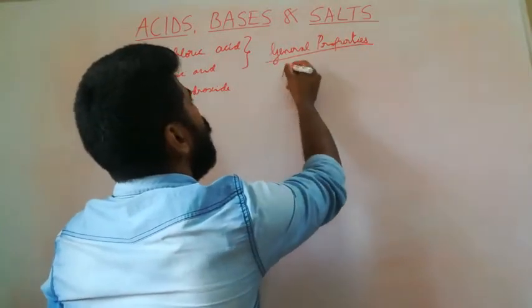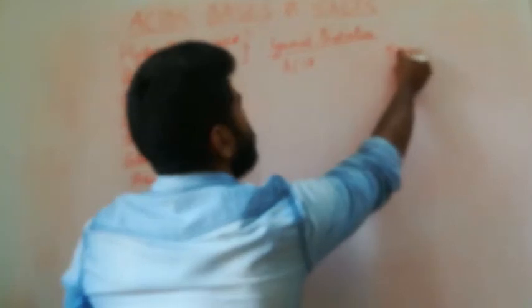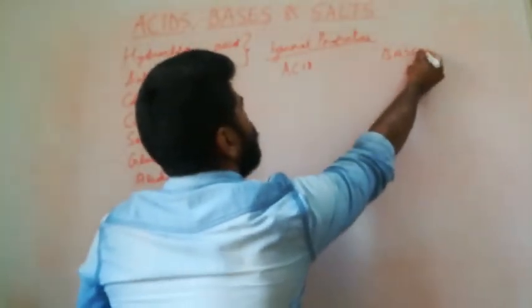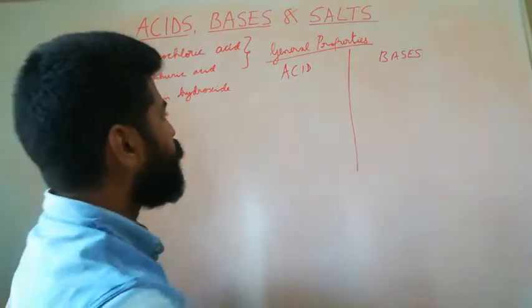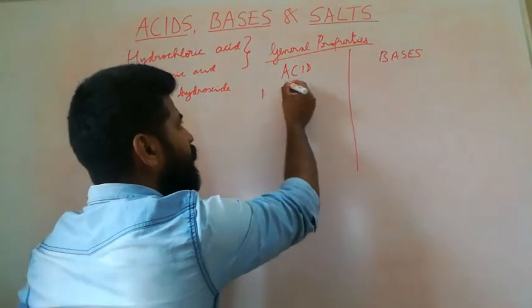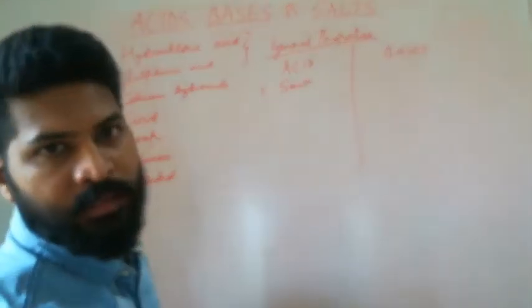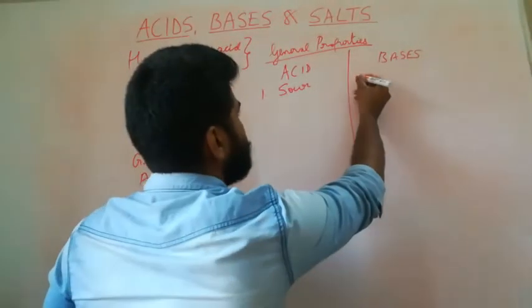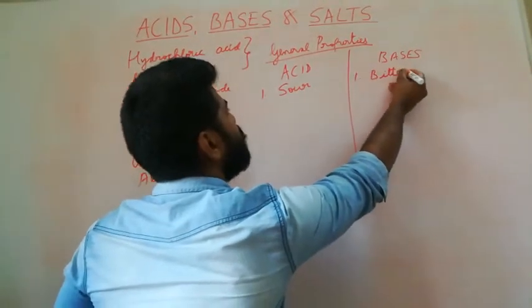If you know what their properties are, then you will know which substances are acids, which are bases. So acids in general, they have a sour taste, whereas bases, they taste bitter.